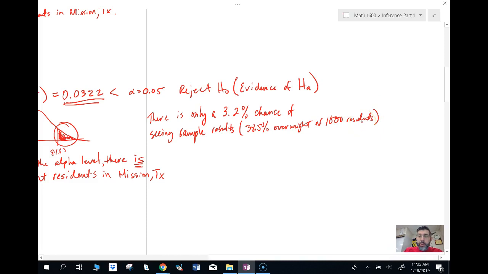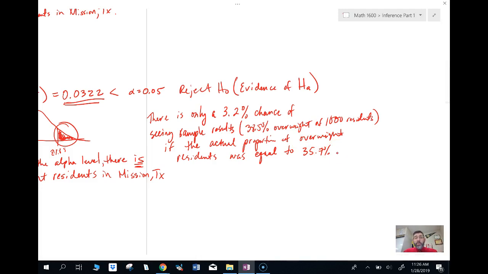So there's only a 3.2% chance of seeing these similar results if the actual proportion of overweight residents was equal to 35.7%. So if the null hypothesis were true, I would only see this happen 3.2% of the time.